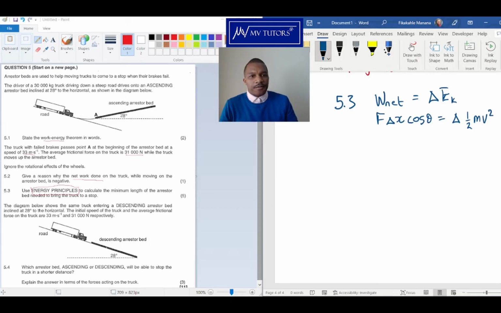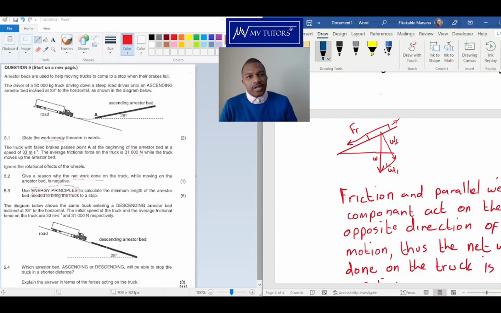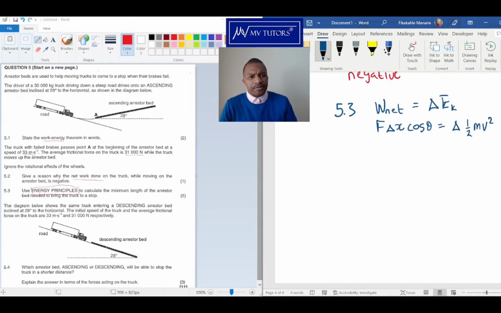If we look at our free body diagram over there, let me just redo another one because I don't want to keep scrolling up and down. What we have is the weight going down, obviously, and then its components going that way and that way, and then we've got friction.